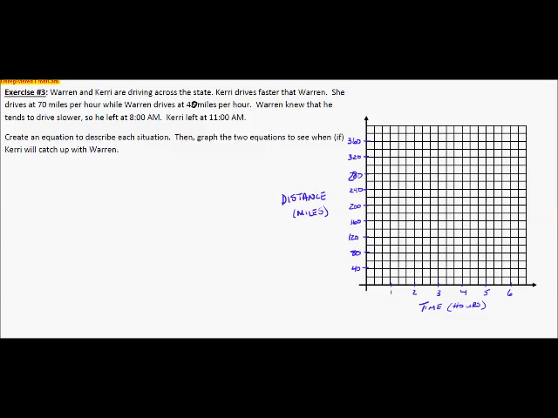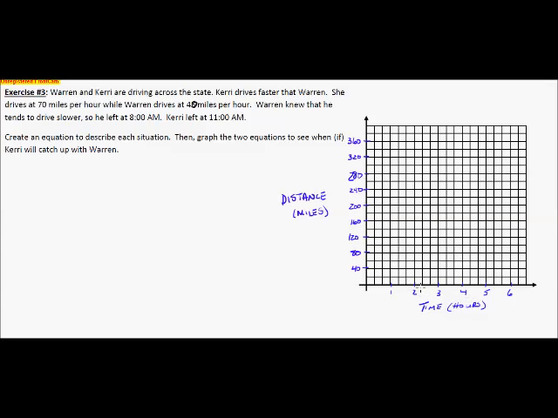Let's try to describe this. It says Warren knew that he tends to drive slower, so he left at 8 a.m. Carrie left at 11 a.m. And they're trying to get to the same place. So let's describe some equations here. What I don't know is time.